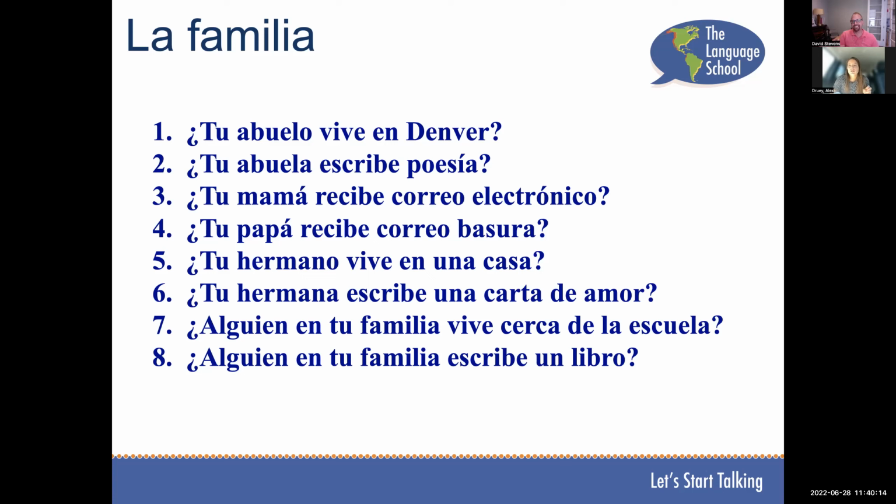So I'm asking you, does anyone in your family live close to the school? To answer in the negative on this one, you're going to change alguien to nadie. Nadie en mi familia vive cerca de la escuela.